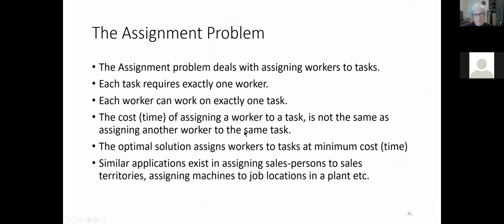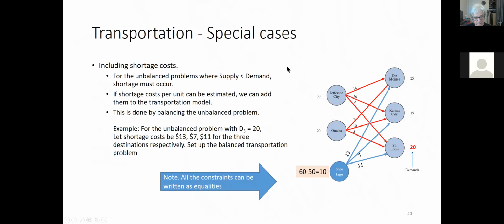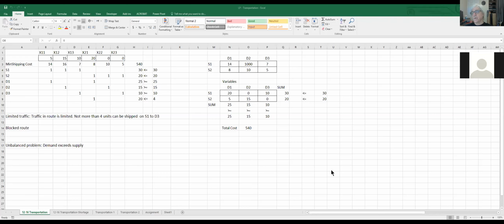Now, I don't want to go to the assignment. I'll go first of all to the Excel file and demonstrate on the Excel how we solve the problem, and then talk about how we block routes, something I didn't show to you here. Okay.